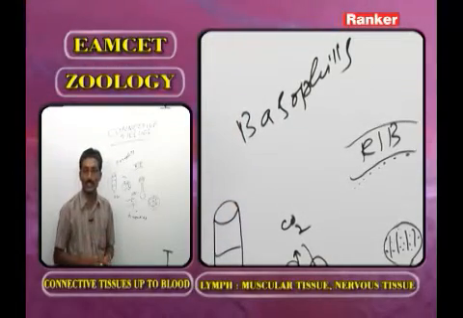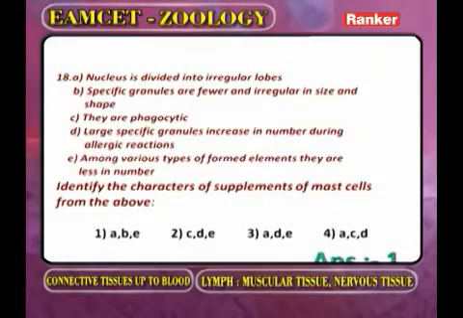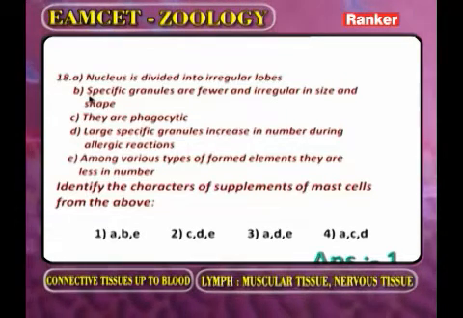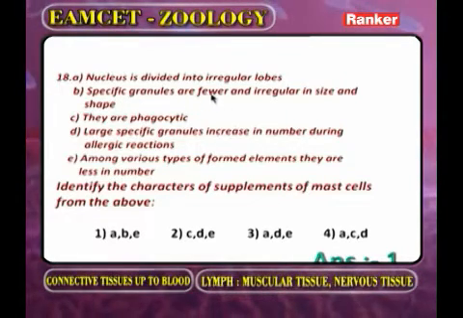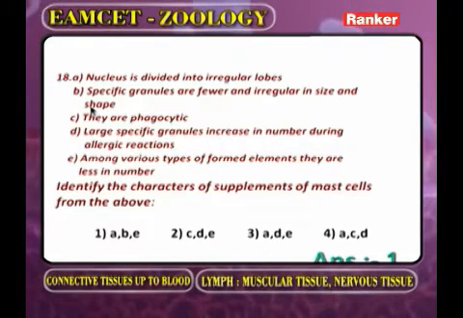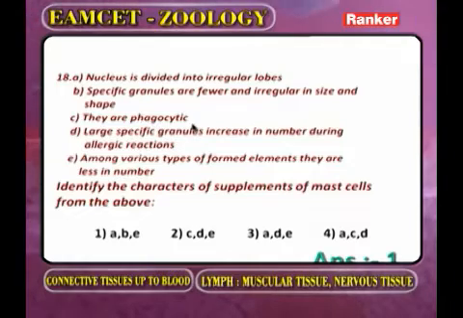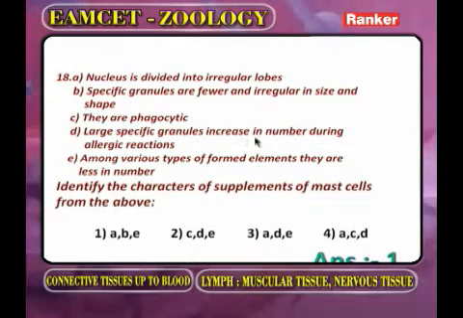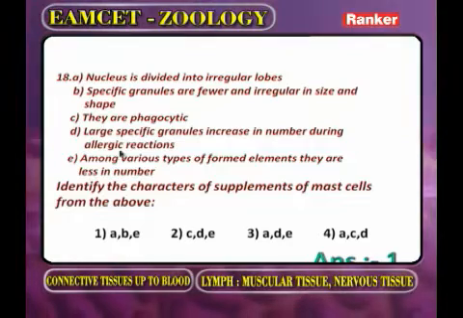Now you have to study the statements. A: in basophils, the nucleus is divided into irregular lobes, 100% correct. Now the second one, B: specific granules are fewer and irregular in size and shape. And the third one, C: they are phagocytic. And D: large specific granules increase in number during allergic reactions.